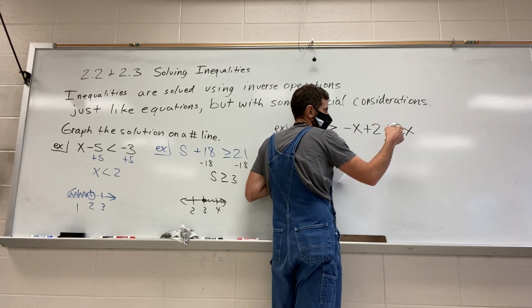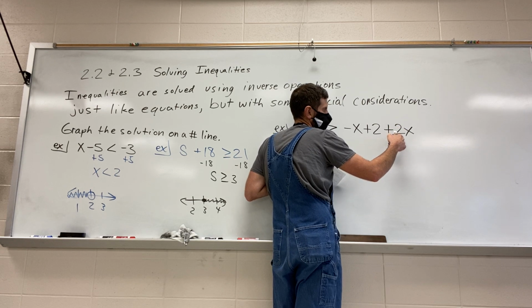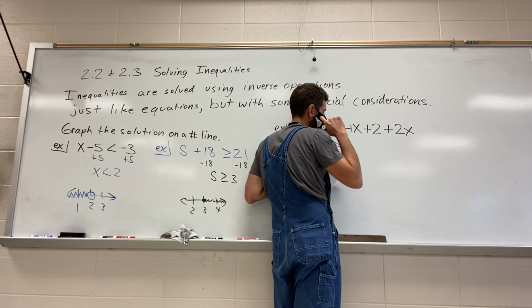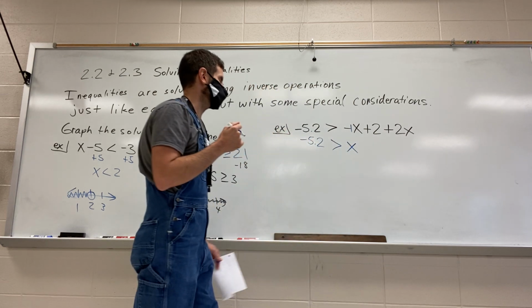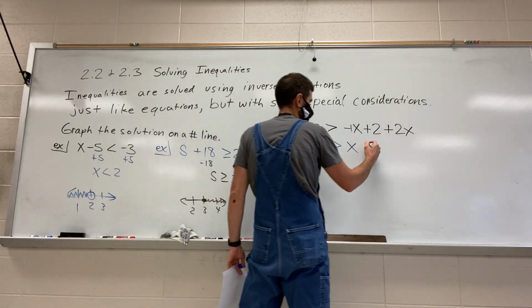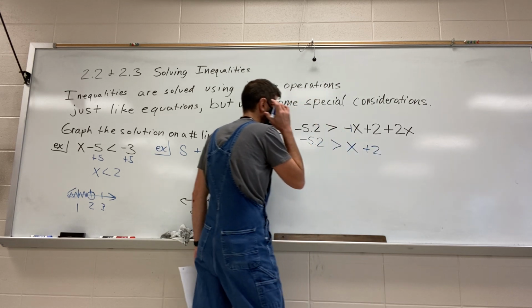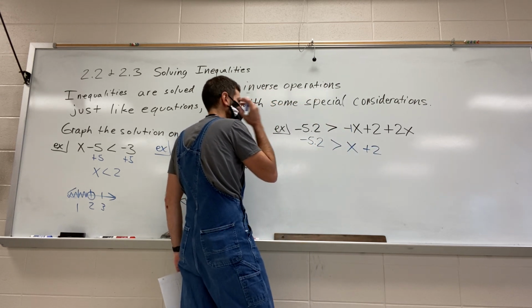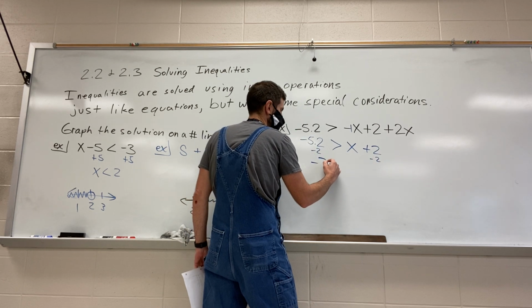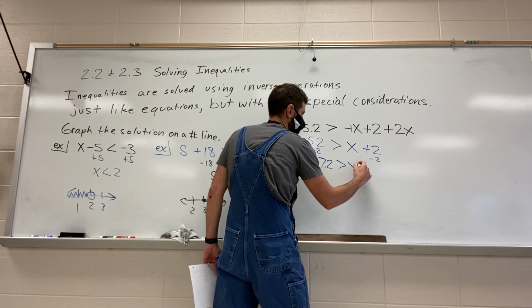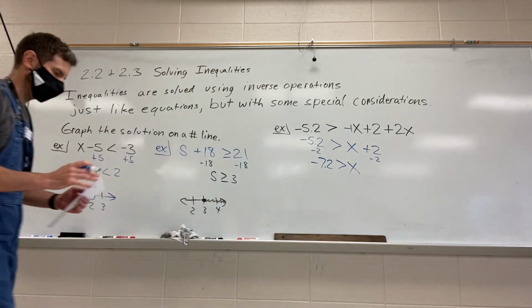And what is negative x plus 2x? 1x. Yep, we can just write x if you'd like. But what do we still have? A 2. Is x by itself yet? No. Subtraction property of equality. And we're done, aren't we?